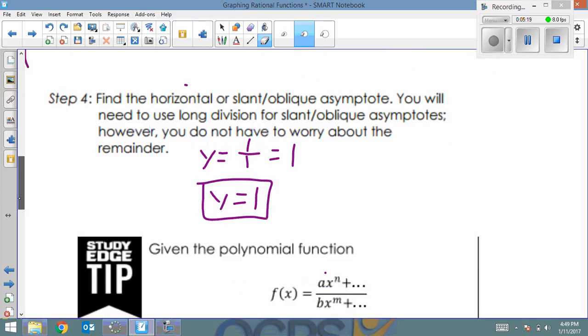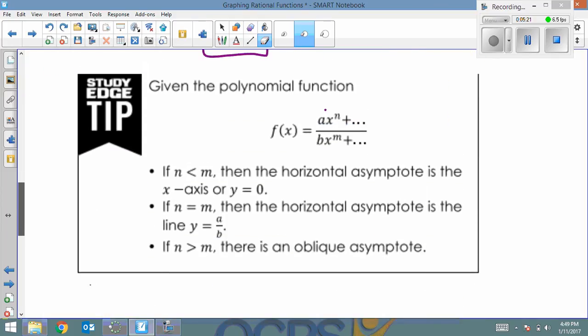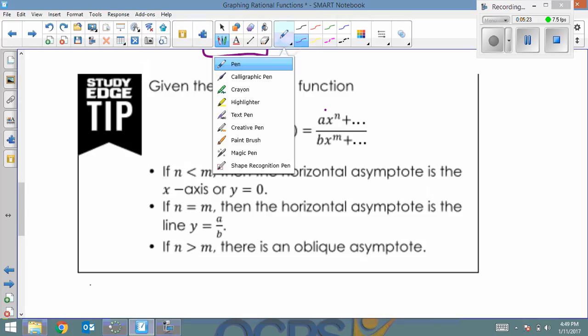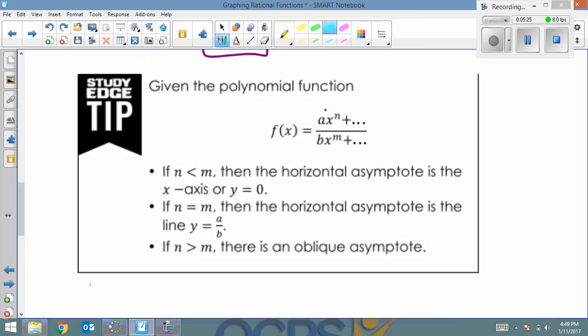Now, here's the explanation of why we get our asymptotes. If n is less than m, we have a horizontal asymptote on the x-axis.